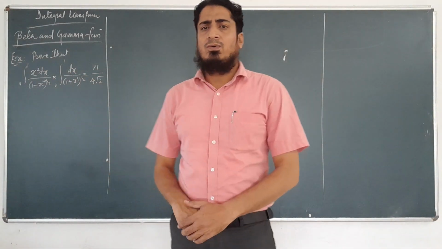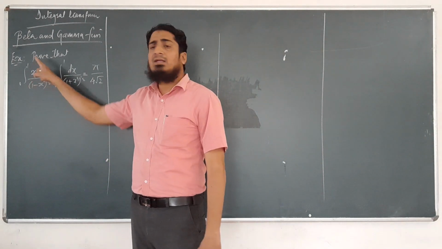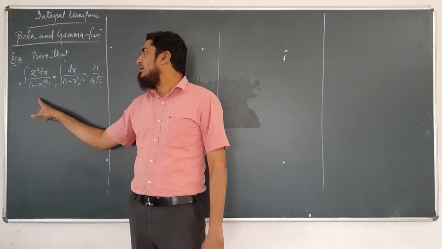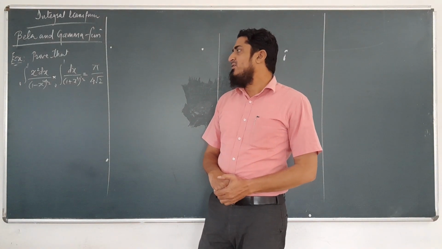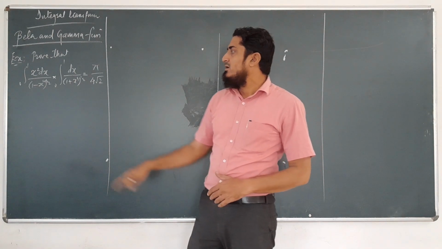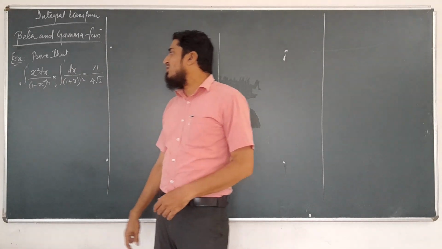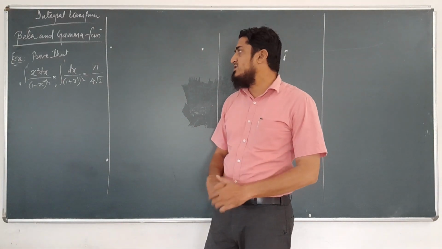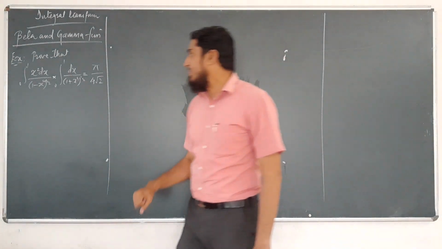Correct? Now we have the example to prove: integration from 0 to 1 of x square dx upon root of 1 minus x raised to 4, into integration from 0 to 1 of dx upon root of 1 plus x raised to 4, is equal to pi over 4 root 2.